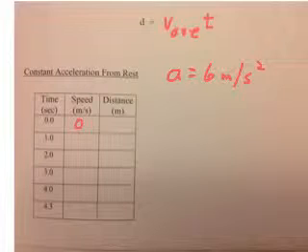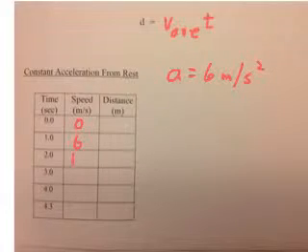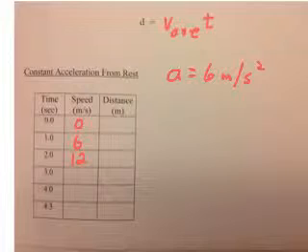After 1 second, your speed is 6 meters per second. Conceptually, then you're gaining 6 meters per second each second, so your speed after 2 seconds is 12 meters per second. You gain 6 more meters per second of speed each second, so you go to 18 after 3 seconds, and then 24.